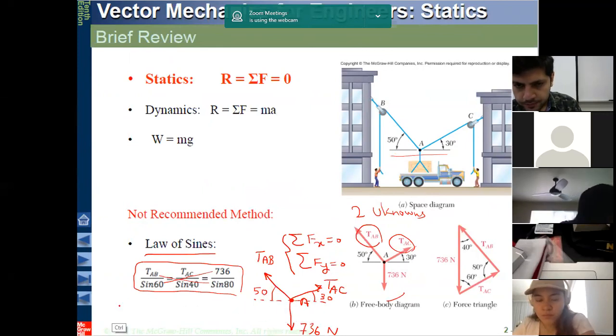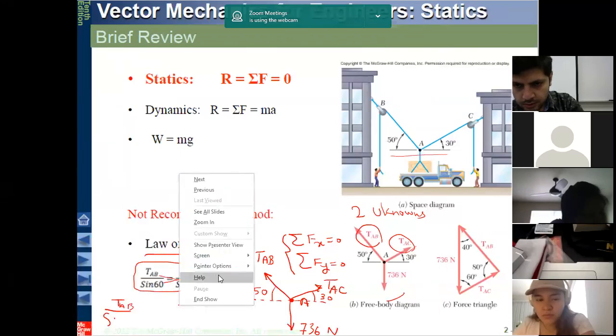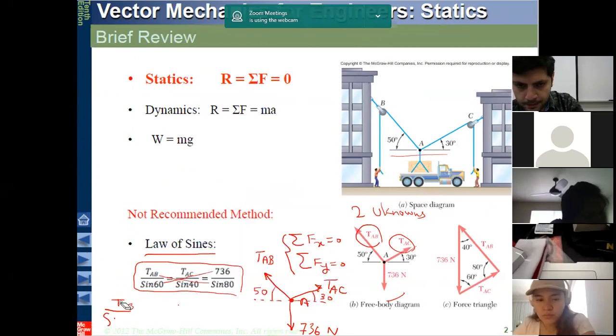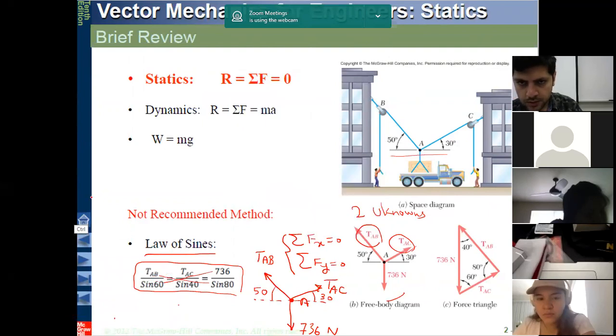So the parametric relationship is actually TAB over... okay, so I'm going to write the equation here.